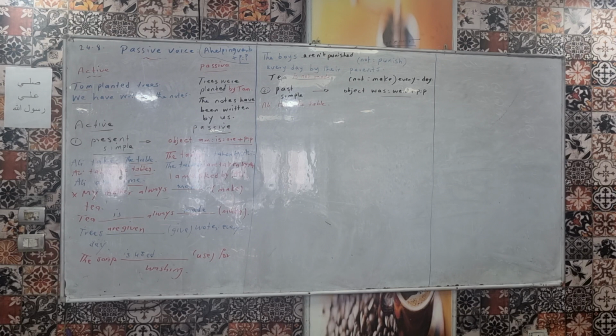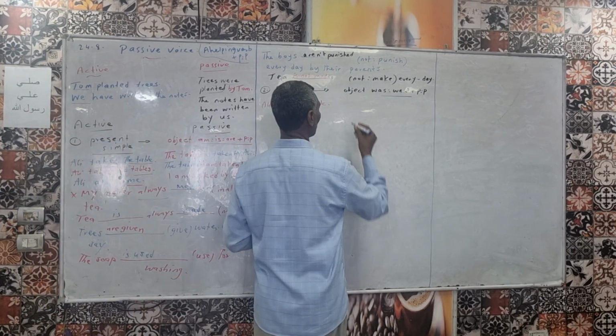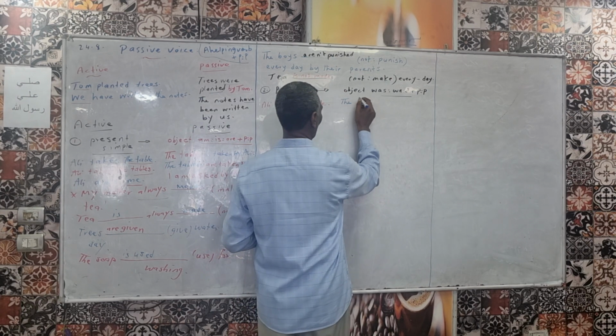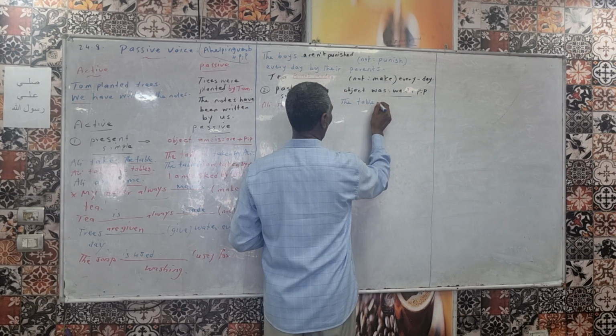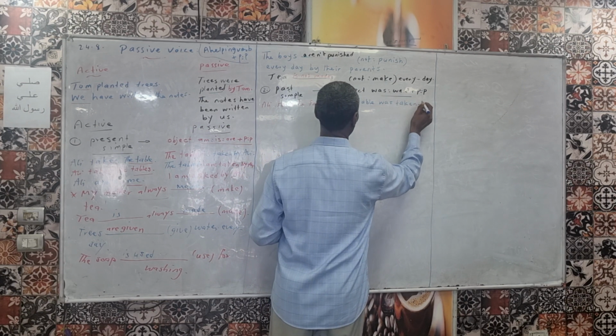Now we want to change this sentence into passive voice. We begin with the object, the table. We say the table was taken. Was, participle. The table was taken. Was what? Taken. ممكن نكتب by Ali ممكن ما أكتبه ما في إشكال.